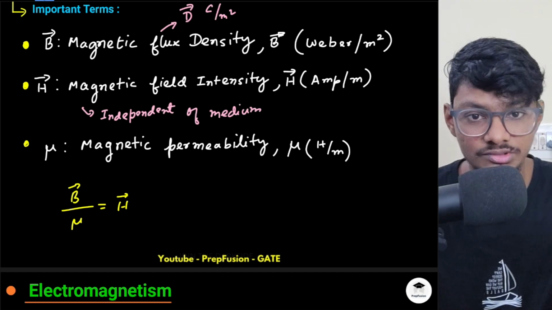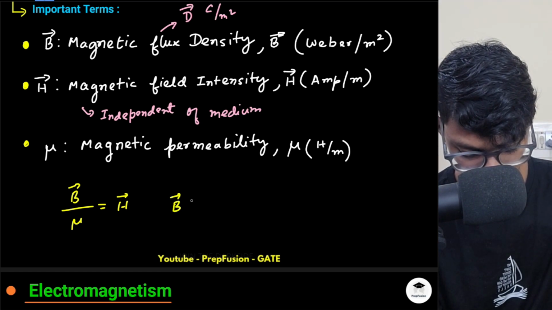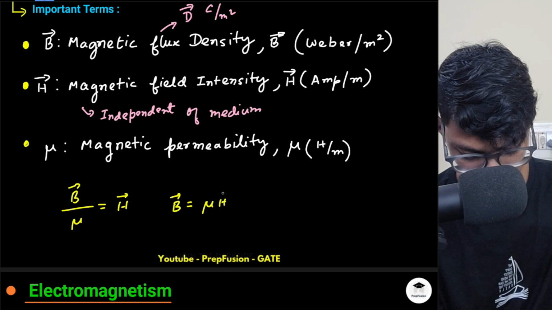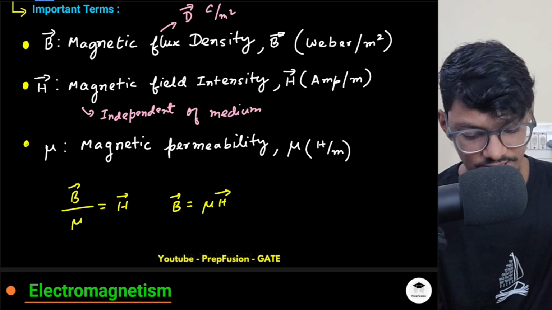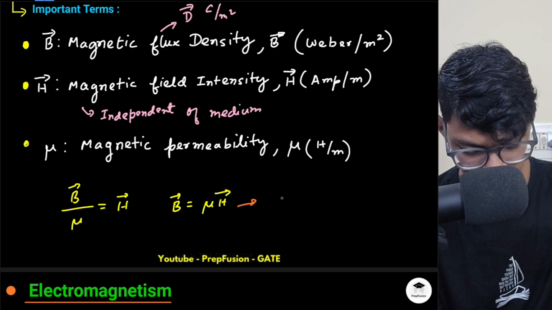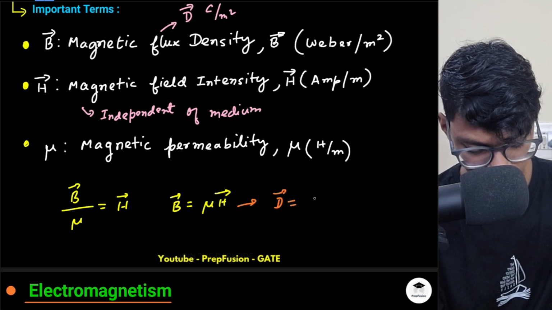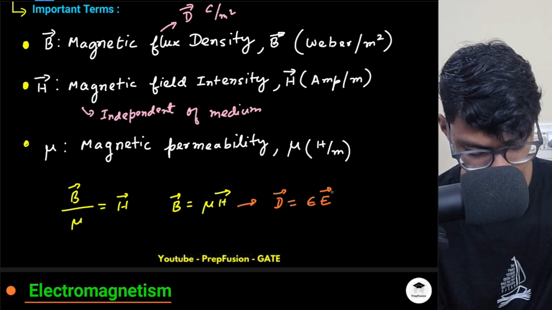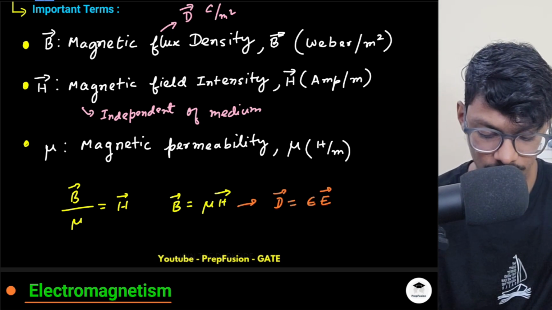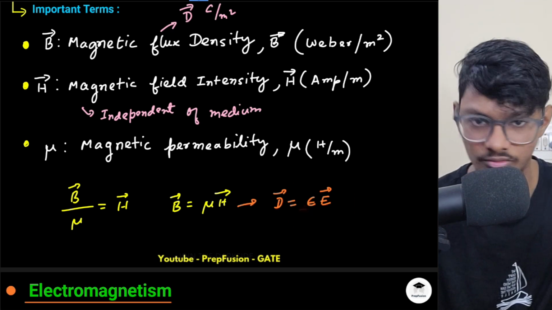Or in other words, B equals mu times H. Correct? Just the same relationship as D equals epsilon E. I had to remove the epsilon from the bottom, right? So if I multiply epsilon with it, that will get removed.